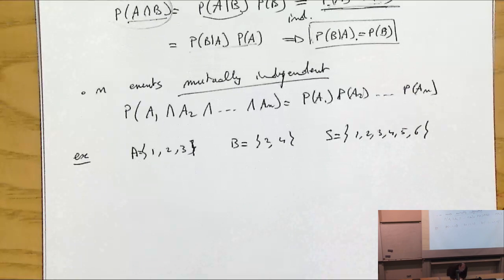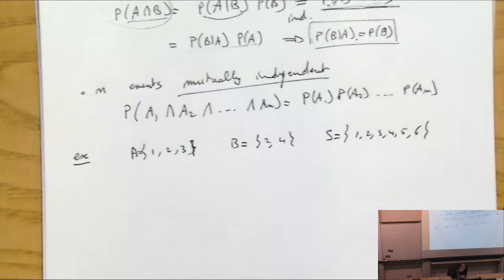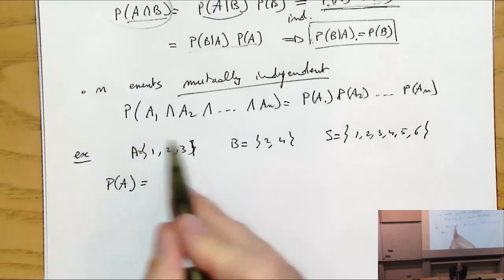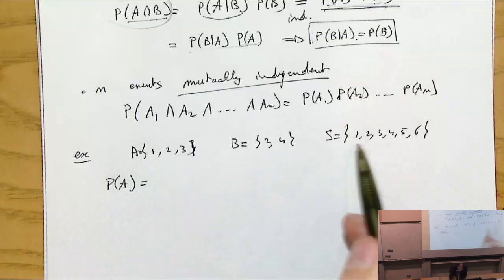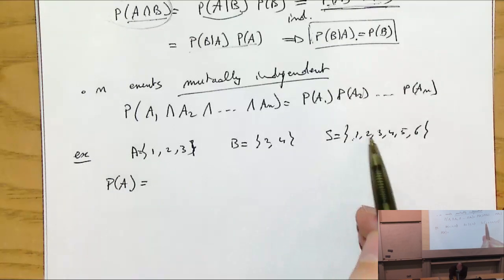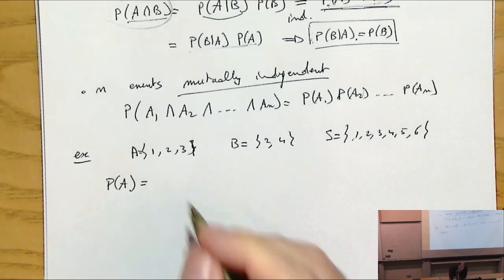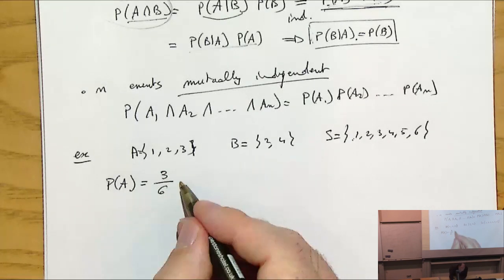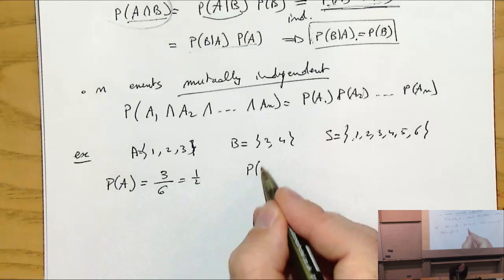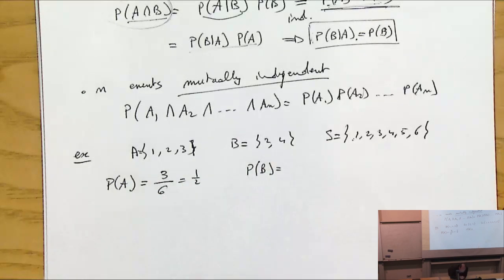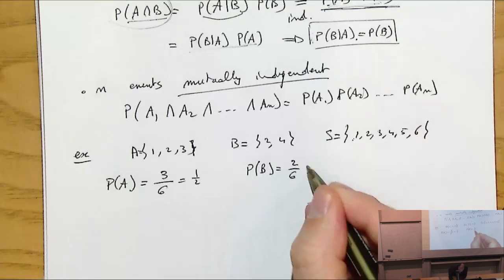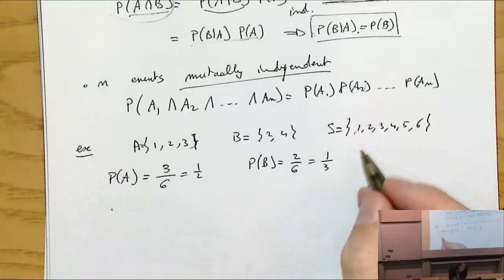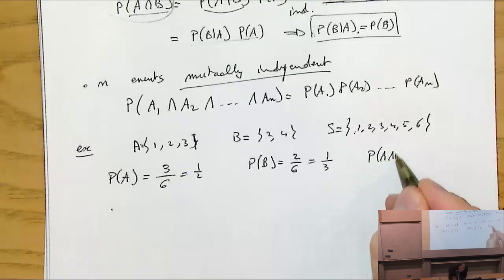So let's look at whether those events are independent. What's the probability of A occurring? I have equally likely events, so the probability of each element occurring is 1 over 6. So the probability of A is 3 over 6, which is 1/2. The probability of B is 2 over 6, which is 1/3.